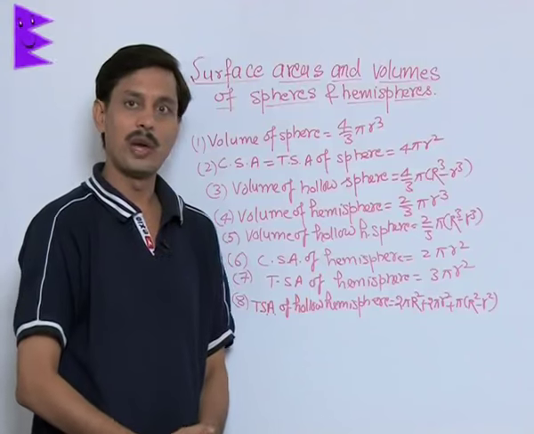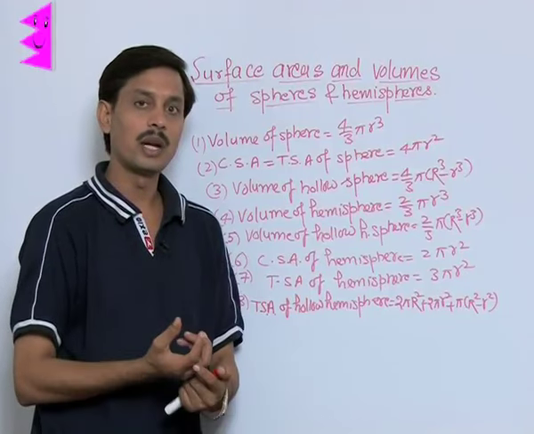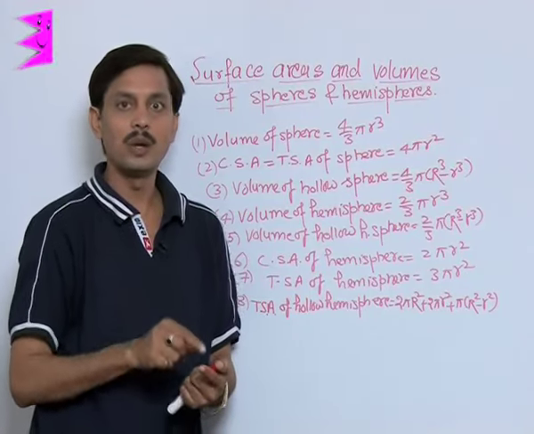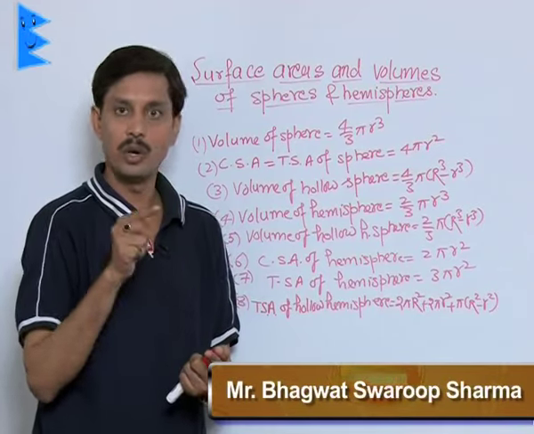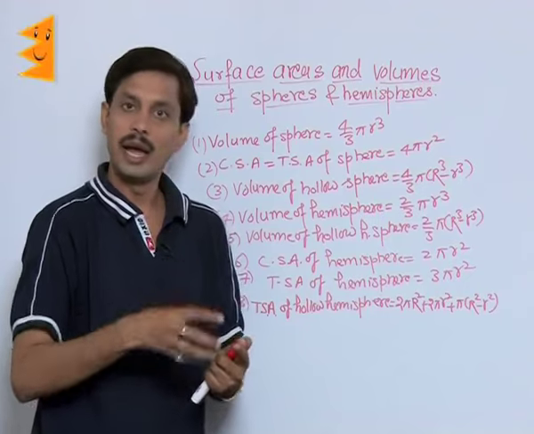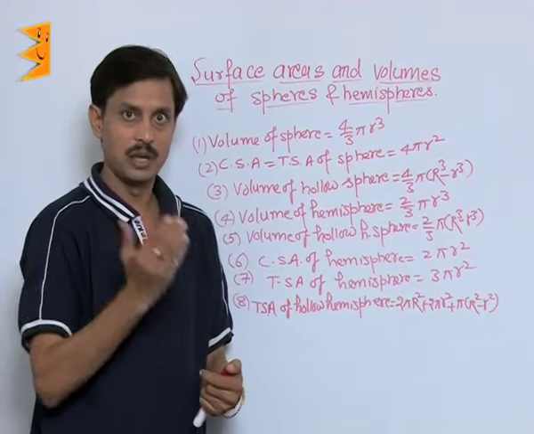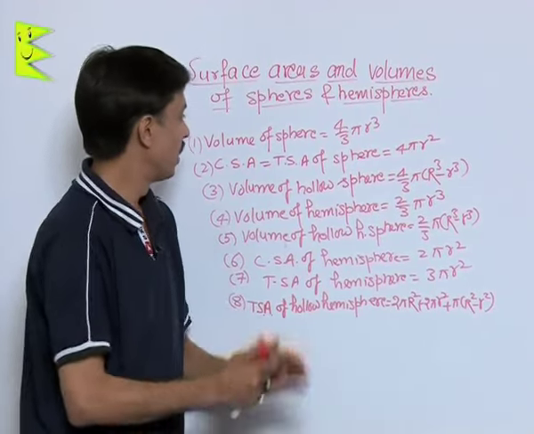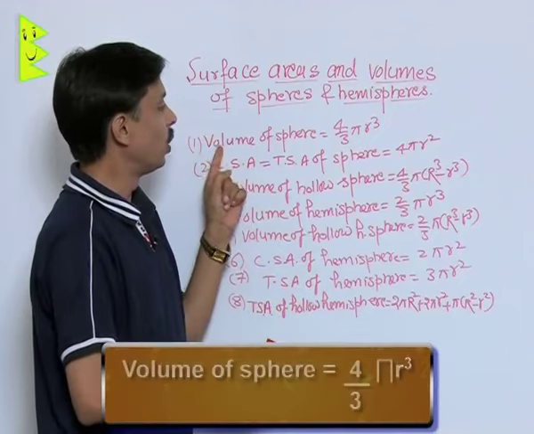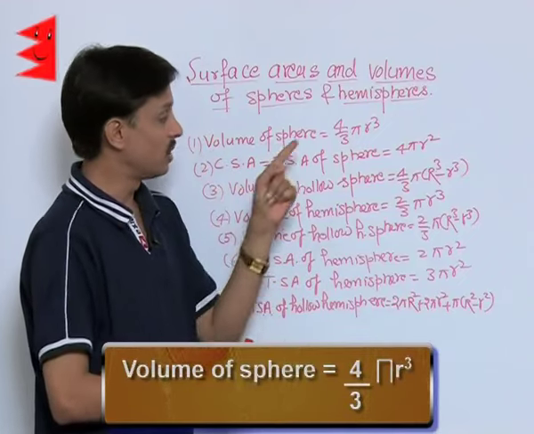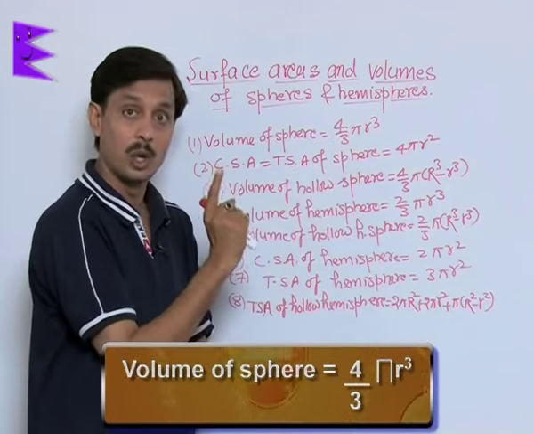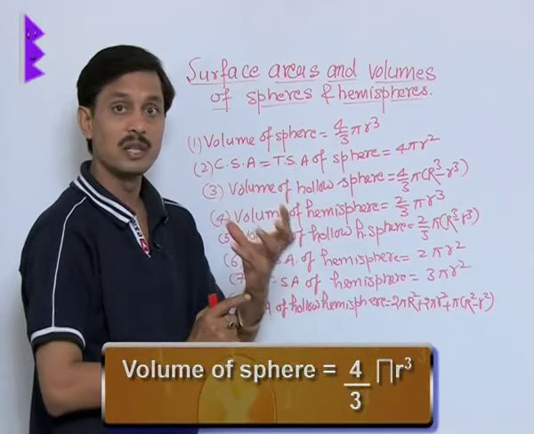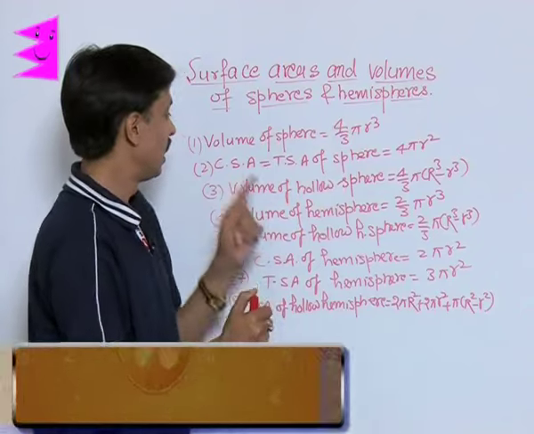Now I would like to explain what results are required to calculate the volume of a sphere, the CSA or TSA of a sphere, and of hemispheres. One by one I am going through here. You can see the volume of a sphere is given by the formula 4/3 πr³, where r indicates the radius of the sphere.